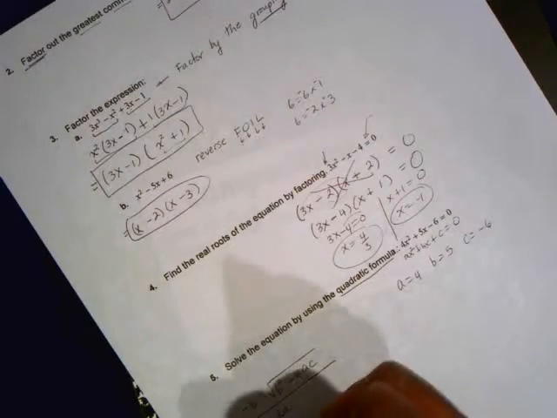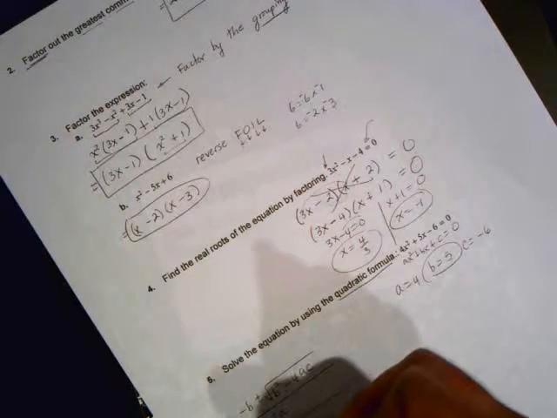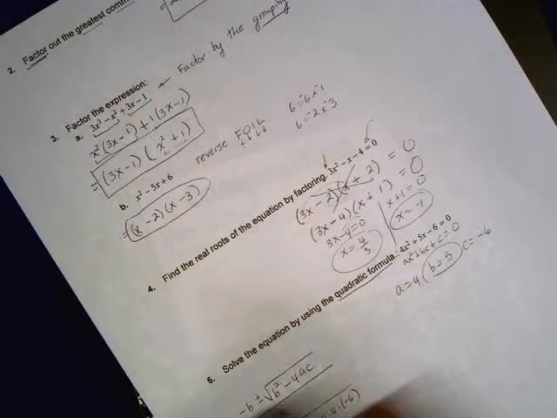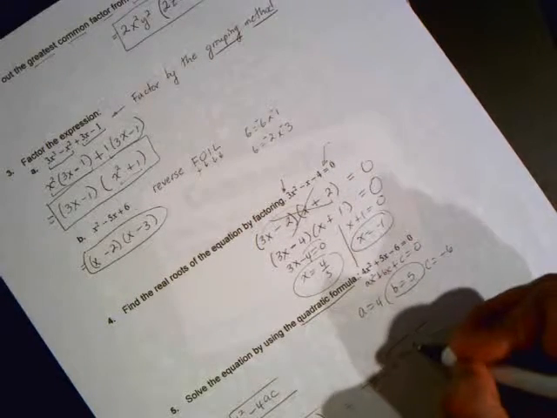So it's negative b, which is 5, plus or minus the square root of 5 squared minus 4 times negative 6 all over 2 times 4.